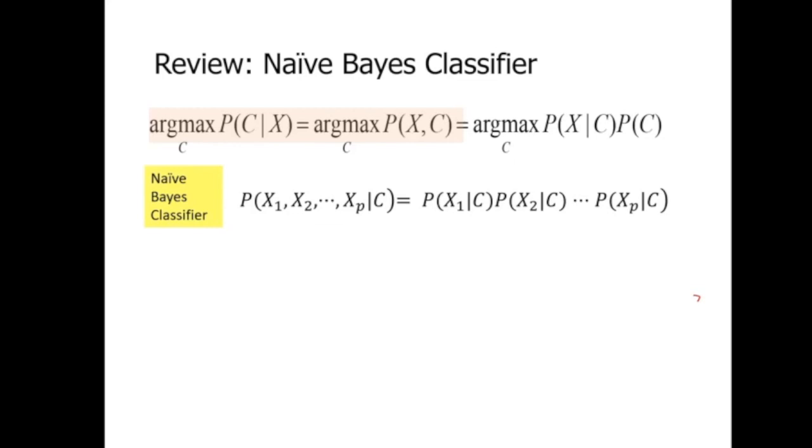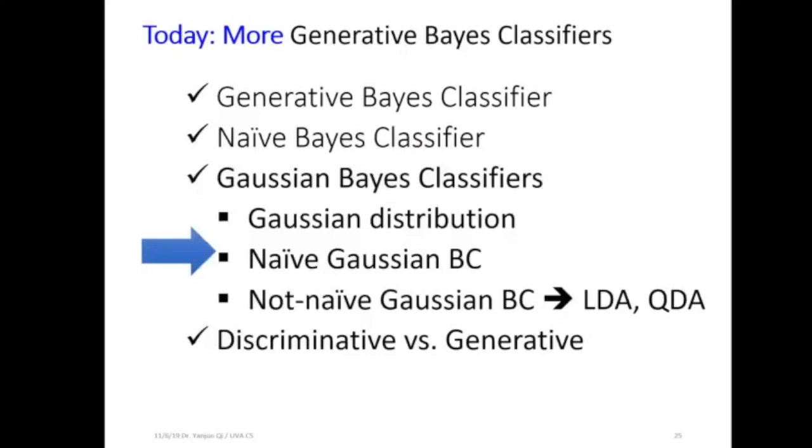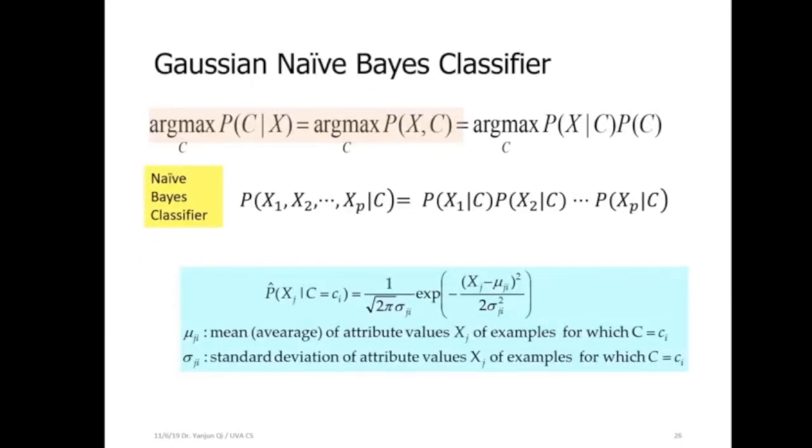Then let's use this on the Gaussian case. First is the naive Gaussian Bayes classifier, which is actually very easy. I just told you before. You just write out each feature variable conditioned on a specific class through that equation.